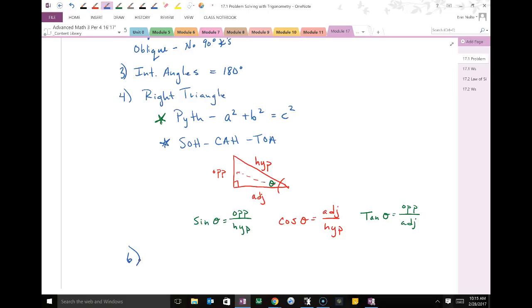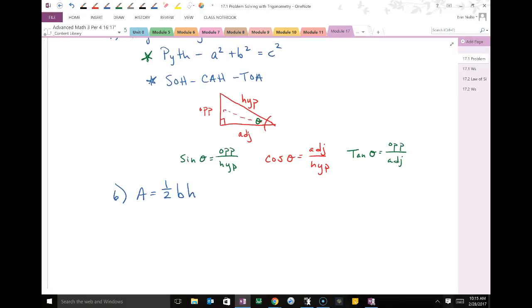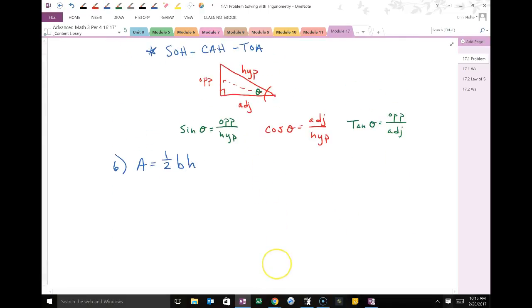Okay, that's important. They always like to ask you, what's the area of a triangle? So that's one thing you're going to be doing today: one half times base times height. Perfect. Can you tell me something specific about that formula, though?